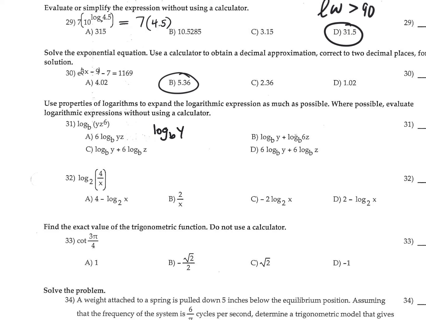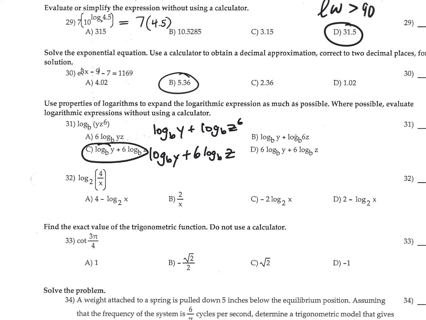So log base b of y plus log base b of z to the sixth, and then that 6 can actually move out front. So we're going to have log base b of y plus 6 log base b of z. I'm looking through my answers, and I see that the best option here will be option C.